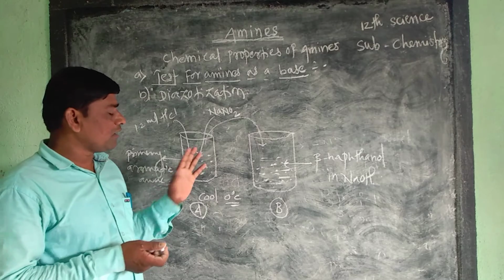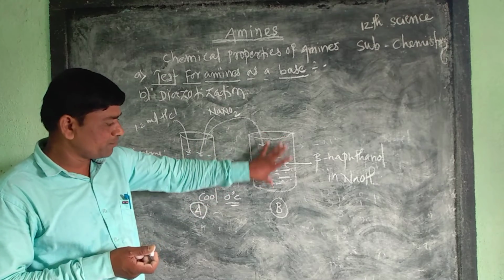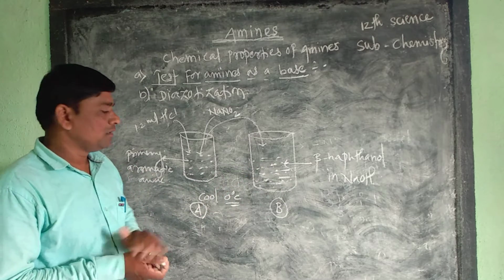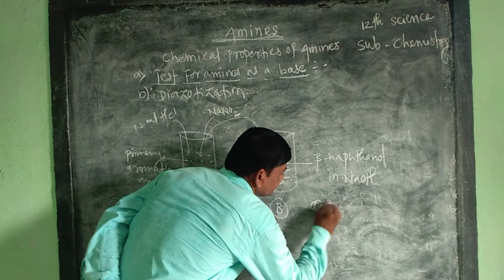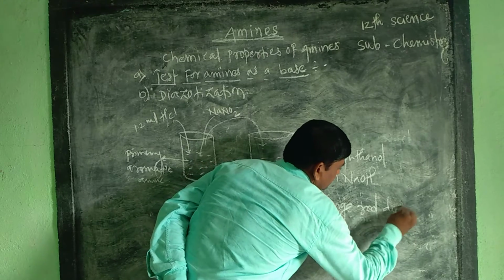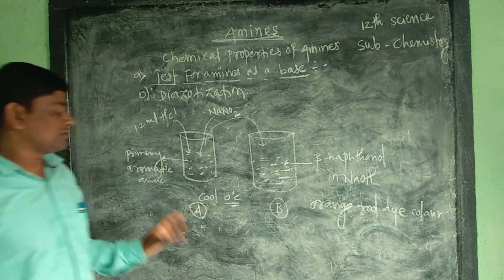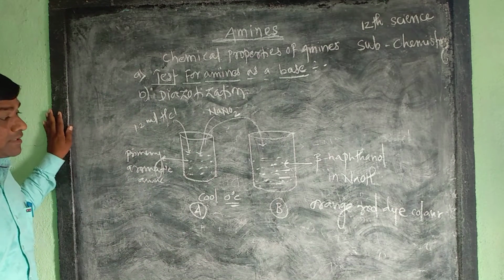The color of test tube B turns to an orange-red dye color.